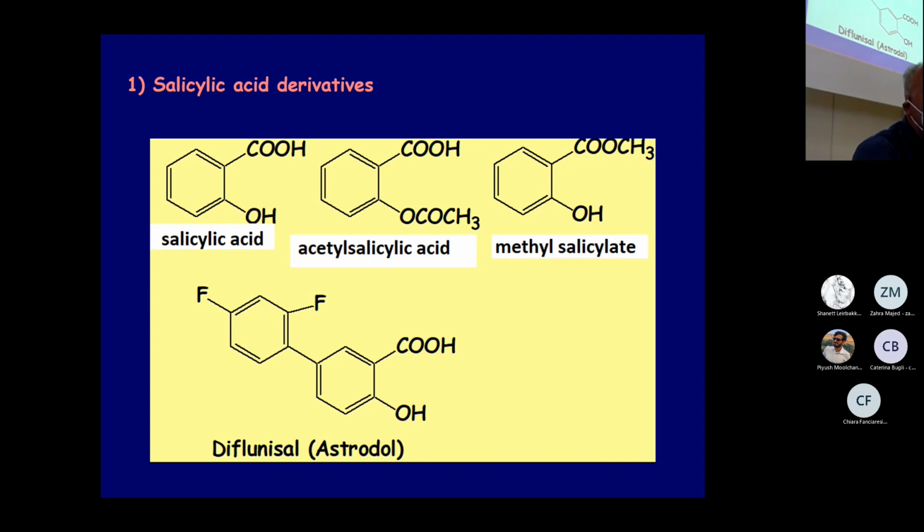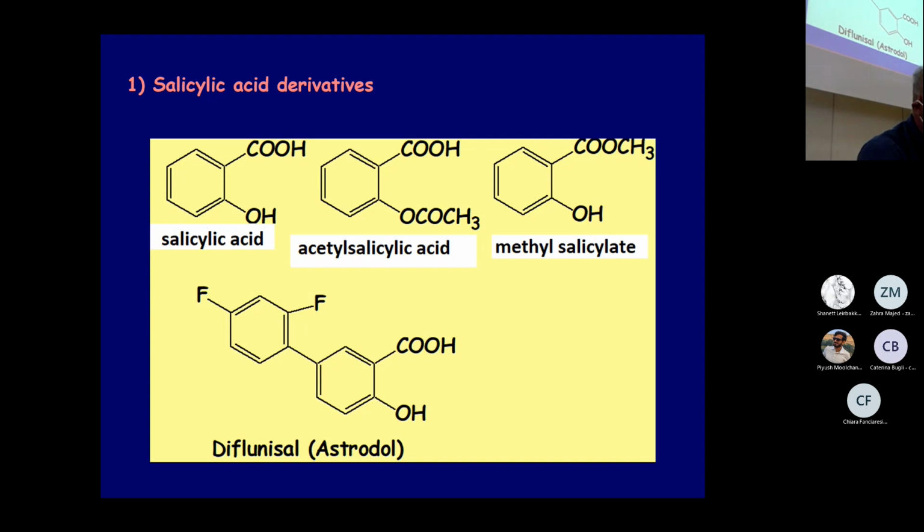You get methyl salicylate, which can penetrate through the skin and can have an anti-pain and an anti-inflammatory activity directly on the injury. So methyl salicylate, you can find this compound in all the creams.